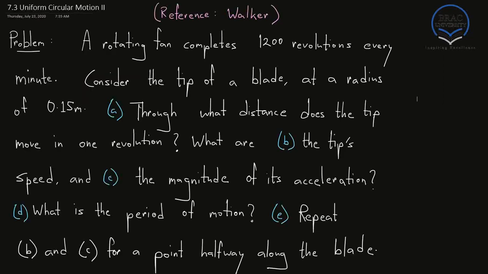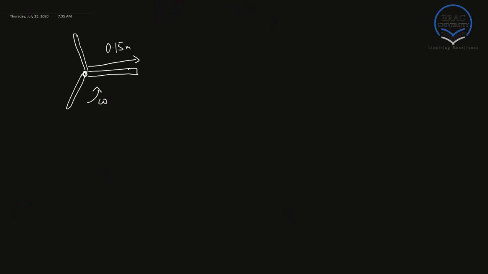What we've been given is that the rotating fan completes 1200 oscillations every minute. So what we have here is a statement about the revolutions completed in some unit of time. So this 1200 is actually a frequency. Okay, so let's list that down. We have f equal to 1200 revs per minute.